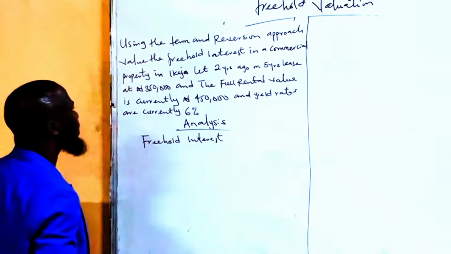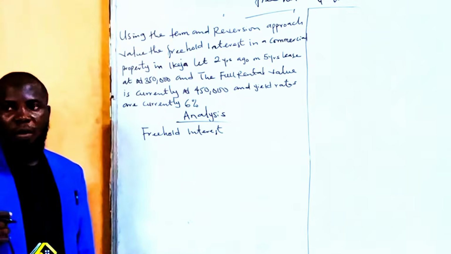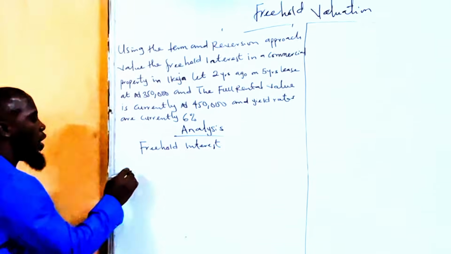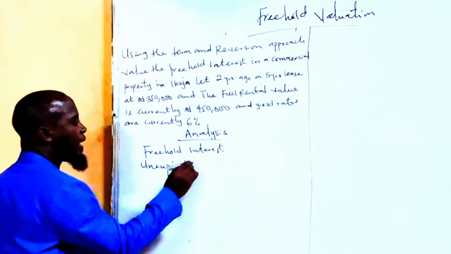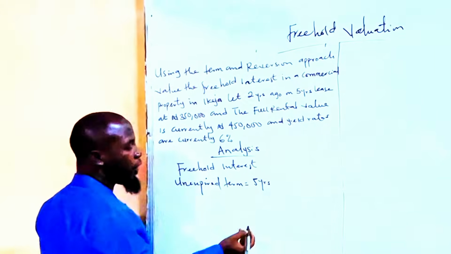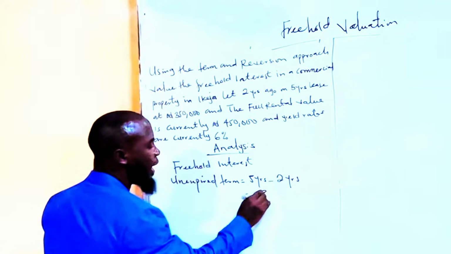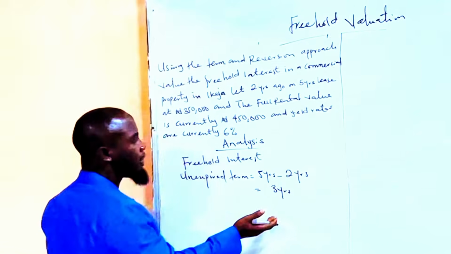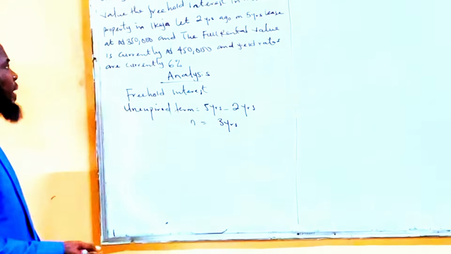Now the next thing is, the property was let 2 years ago on a 5-year lease. So the unexpired term: the lease is to run for 5 years, but 2 years have been spent. Now it remains 3 years unexpired, so your n will be 3 years.